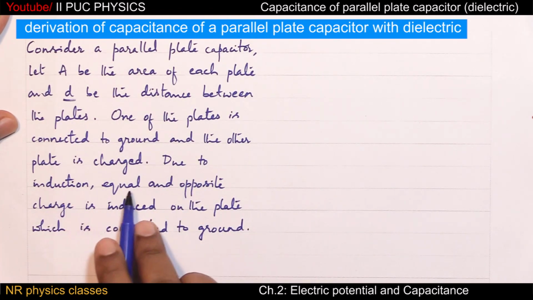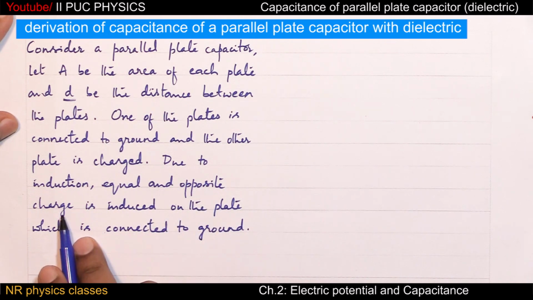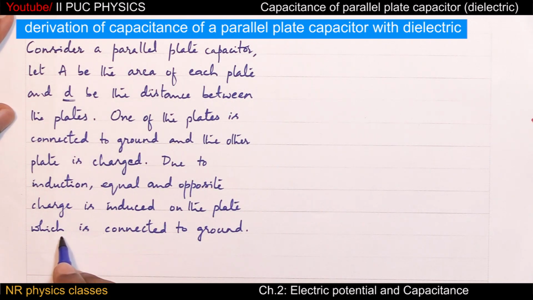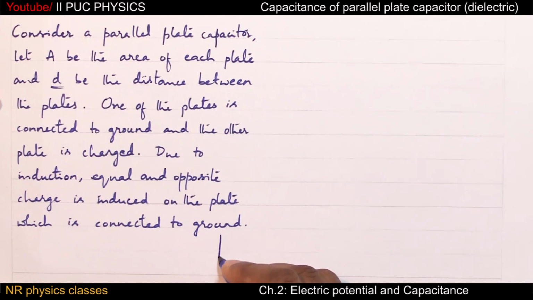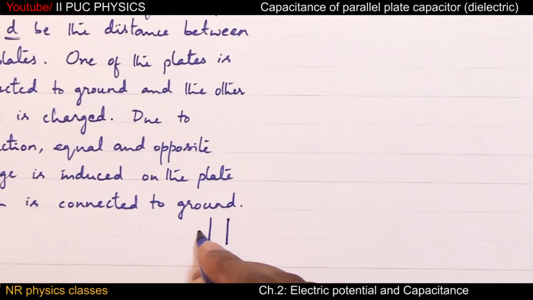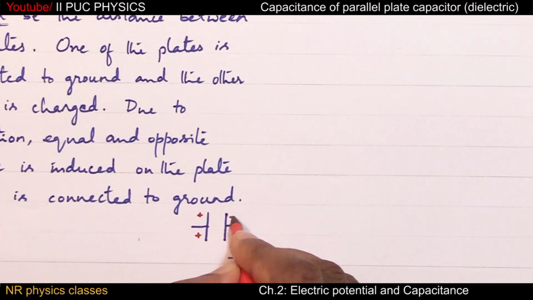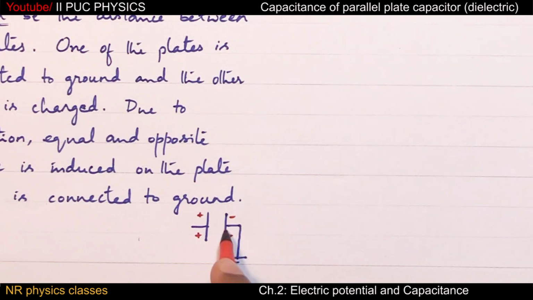Due to induction, equal and opposite charge is induced on the plate which is connected to ground. This we have seen in the last derivation also. Means if this is a capacitor, second plate is connected to ground. If charge is given to one plate, then equal and opposite charge is induced on that plate which is connected to ground.